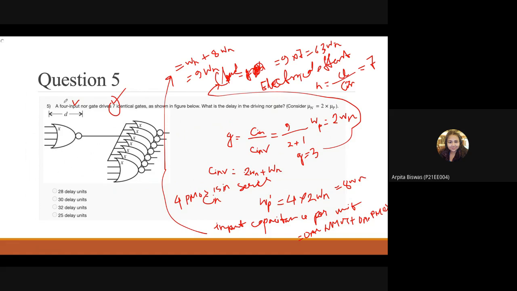Like it is 4 input, so the parasitic capacitance is 4. Okay, then just find out the total delay. The total delay is equal to G into H plus parasitic capacitance.